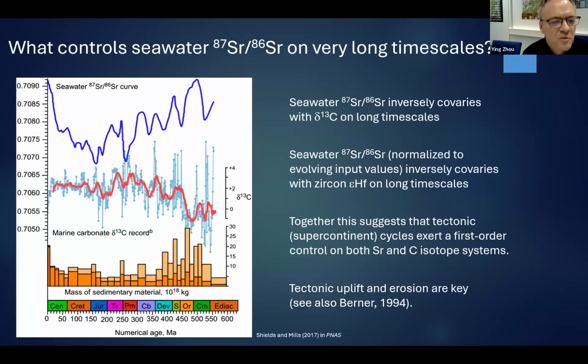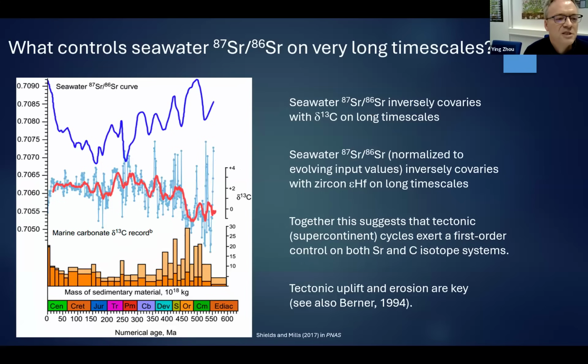What does it all mean? Well, I'm not going to spend very long on this, but people have noted over many years that there are covariations with other parameters, sulfur isotopes, carbon isotopes. In this case, there's a rough anti-covariation between strontium and carbon. That might be telling us that tectonic uplift is actually determining both of these.